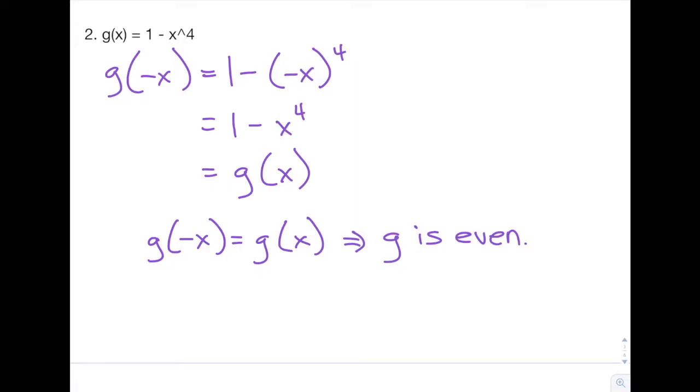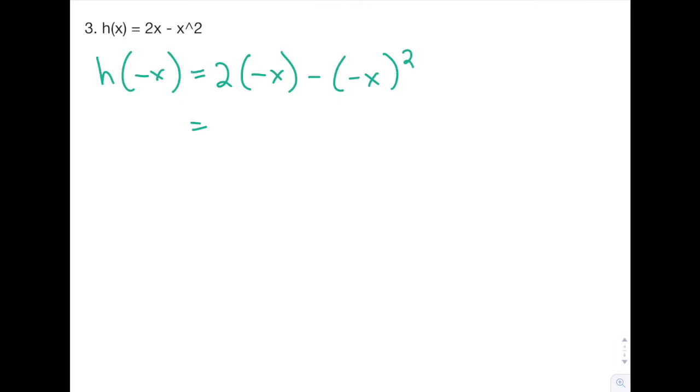I've got one more for you. h of x equals 2x minus x squared. So like we did before, we'll follow the procedure of plugging in a negative x into h, since that's our test. And then we'll have 2 times negative x minus negative x squared. 2 times negative x is negative 2x, and negative x quantity squared is x squared.